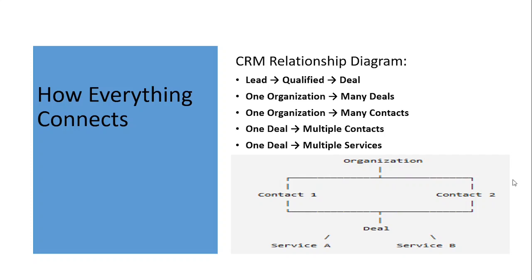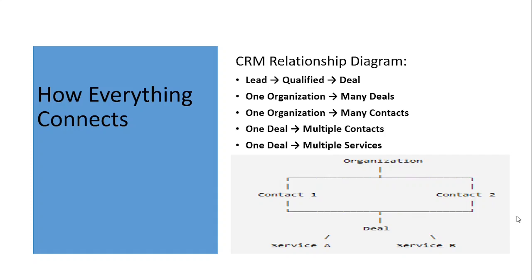The deal belongs to the organization ABC Manufacturing. Within that organization, you may communicate with several people, including the CEO, project manager, and IT manager of ABC Manufacturing. These are your contacts. Finally, the deal may include multiple services, for example, ClickUp implementation, ClickUp training, and process automation.